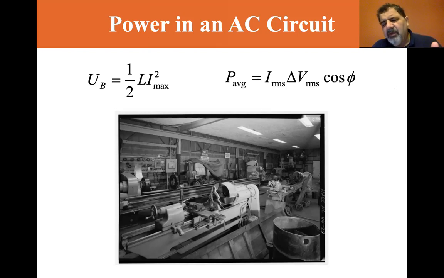So if most of your load is inductive, such as in motors and stuff, you've got a lot of power loss, and so in many applications they add a capacitor to change the phase angle, so that more of the power is transferred to the dissipative load of the circuit. They add a capacitor to kind of balance it out.